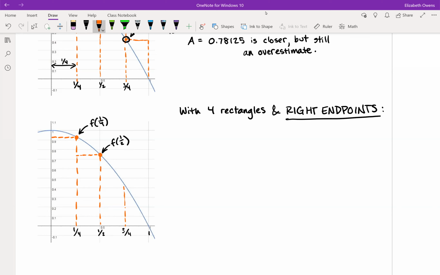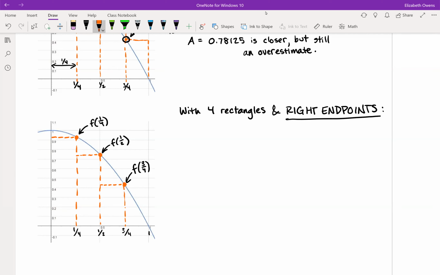Same thing for rectangle number 3. Here's the left endpoint, here's the right endpoint. The right endpoint is at 3/4. So we're going to use this point, f of 3/4, to set the height for the rectangle. That comes in right here.